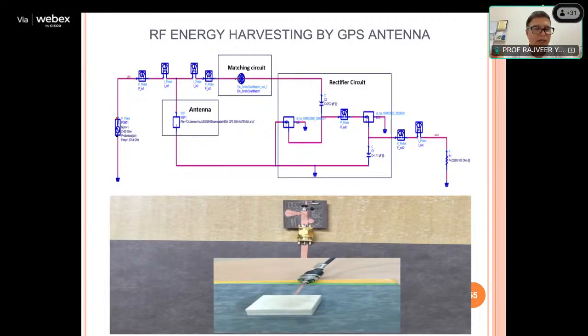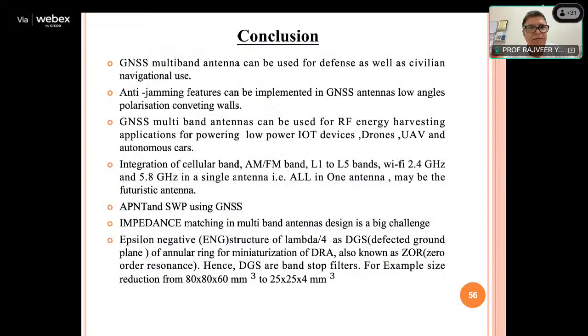If it is possible to harvest these GNSS signals using RF circuitries and antennas, we can make low power sensors operate without any cells, directly from the ambient environment. So this is another field of working in the GNSS category.